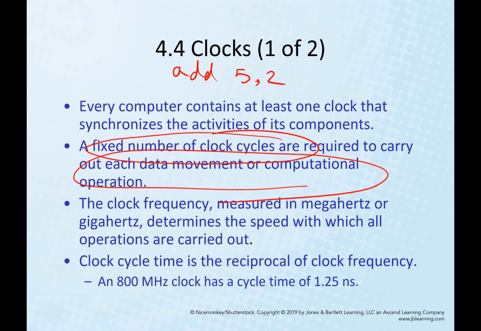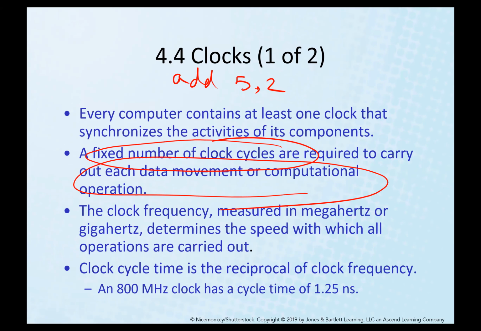And by the way, let me tell you one small point. This fixed number of clock cycles is not true anymore. It's for old computers. For new computers, each instruction has different clock cycles. So one instruction is simpler, takes only one clock cycle, two clock cycles. Something like floating point might take 20 clock cycles.